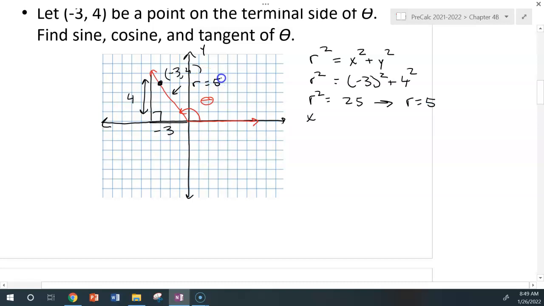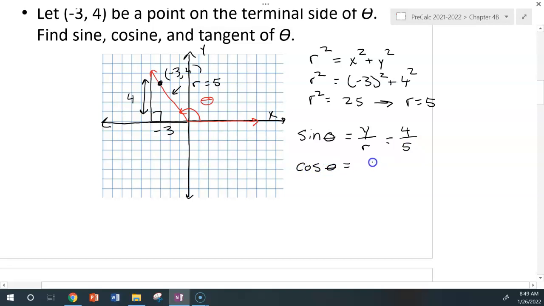All right, so now we have everything we need to do the sine, the cosine, and the tangent. In the coordinate plane, sine of theta is y over r, so we're going to do 4 over 5. That's the sine of theta.